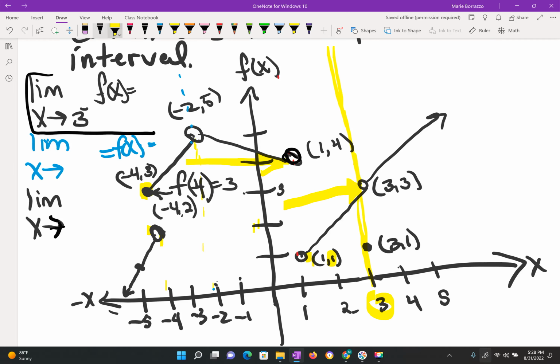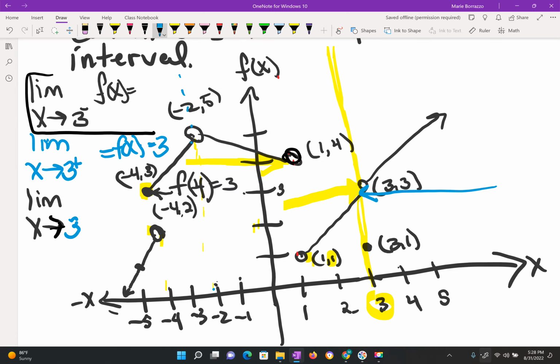If I say the limit as x approaches 3 from the right, this also will be 3. So I'm coming again from this way up over. Why isn't it 1? Because of the graph line. This is the limit at x is 3.